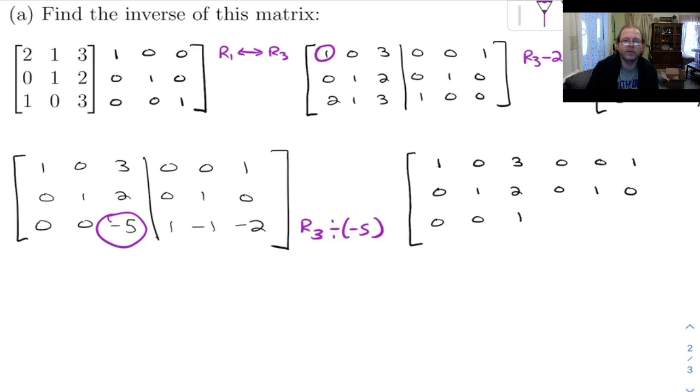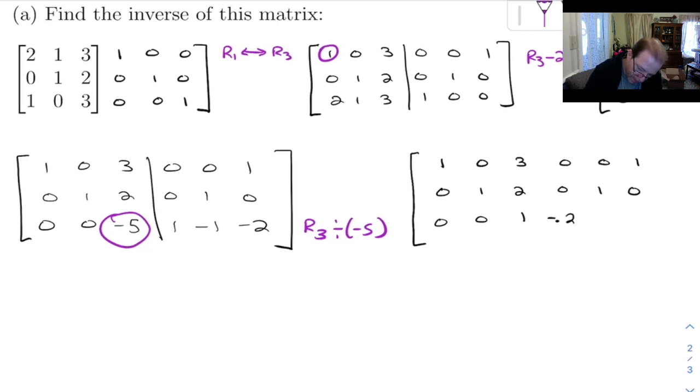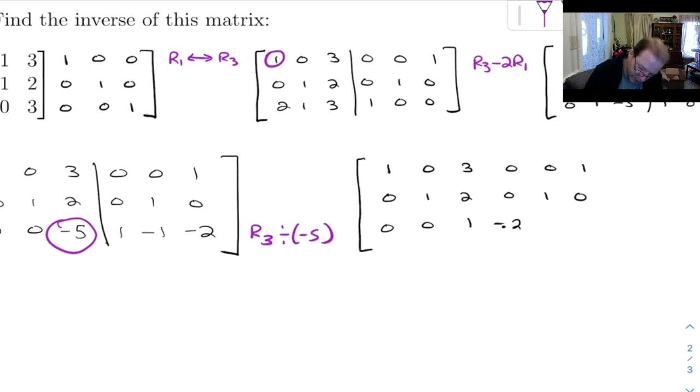And just to avoid having to write fractions, I'm going to do this as decimals. 1/5 is 0.2. 1/5 is still 0.2. And 2/5 is 0.4. All right, so we got that. You could write these as fractions if you prefer, but I feel like using decimals today.